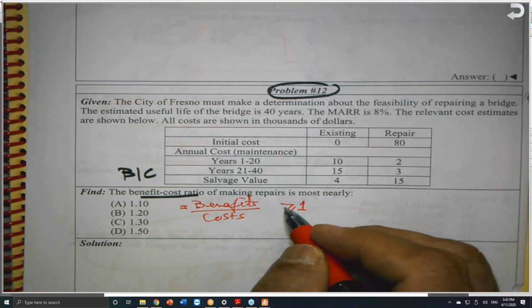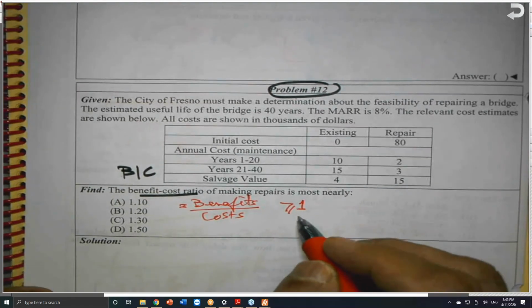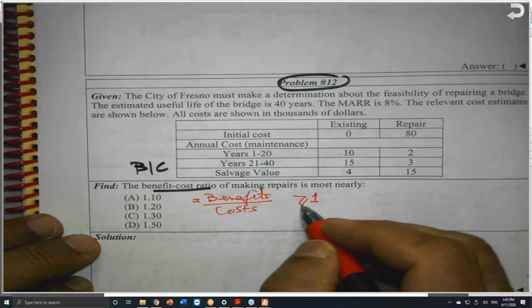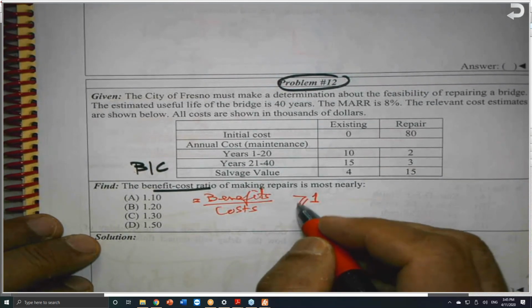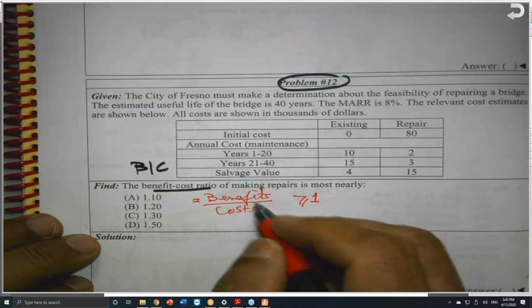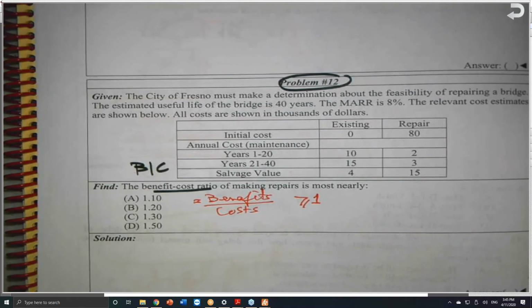They are not in the market to make business, state and federal and cities and counties. So they can live with the benefit cost ratio equal to 1. But for a private business, obviously he must have more benefits than costs. Otherwise he will close the business.